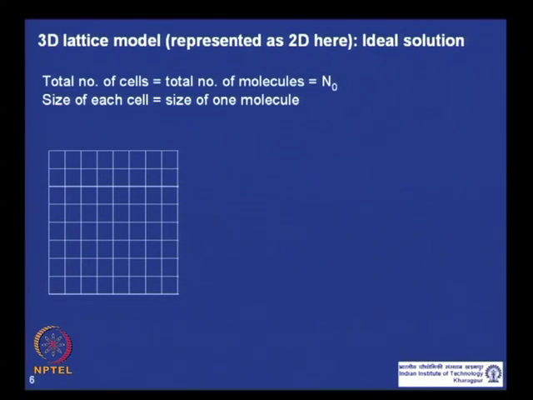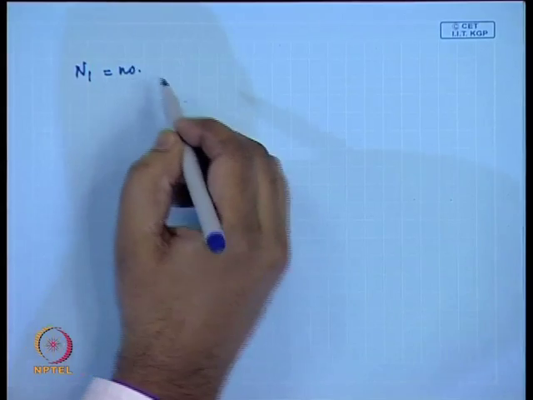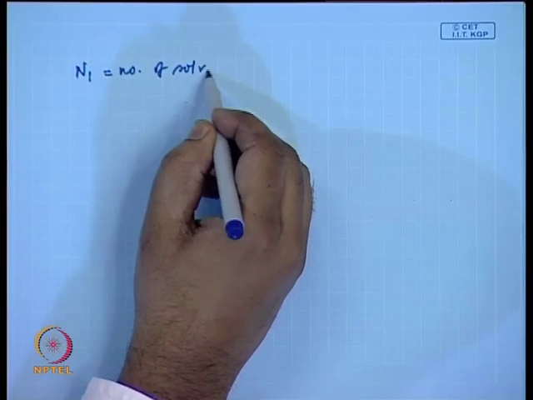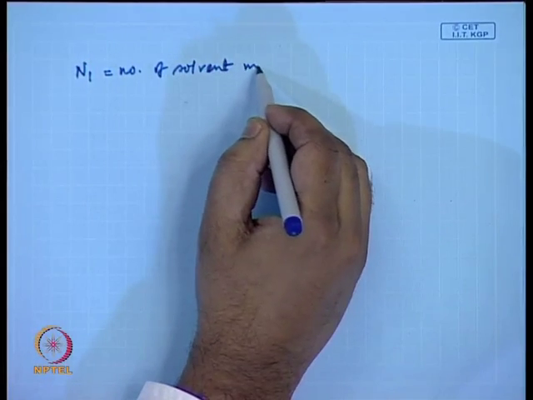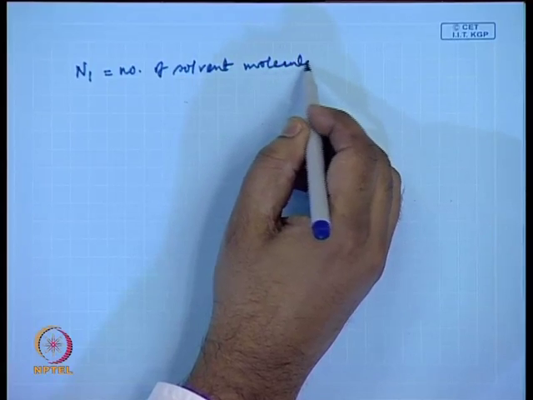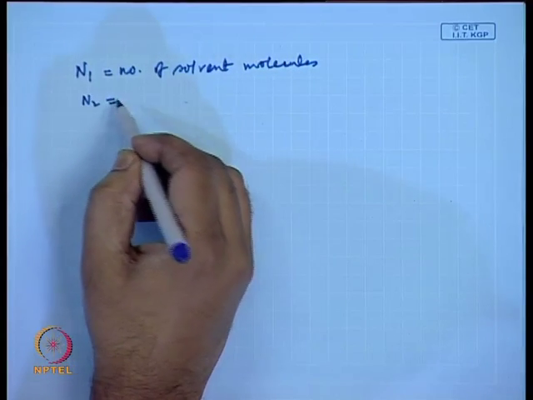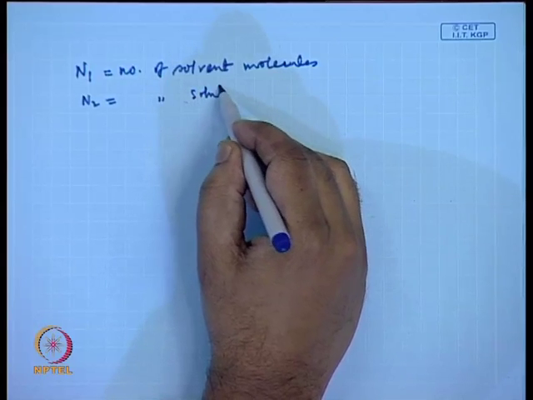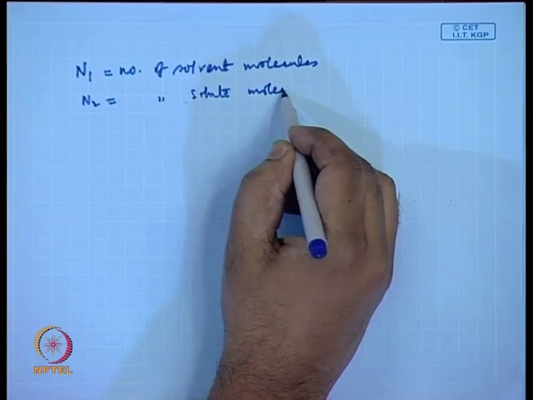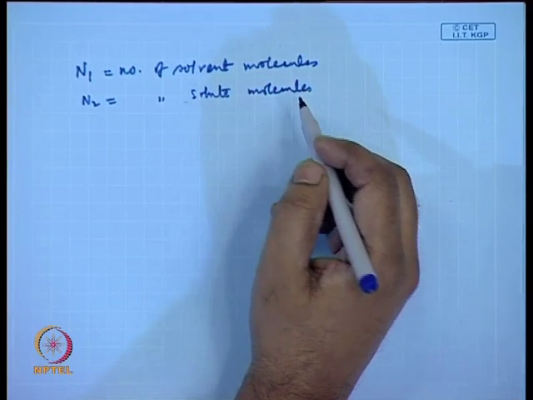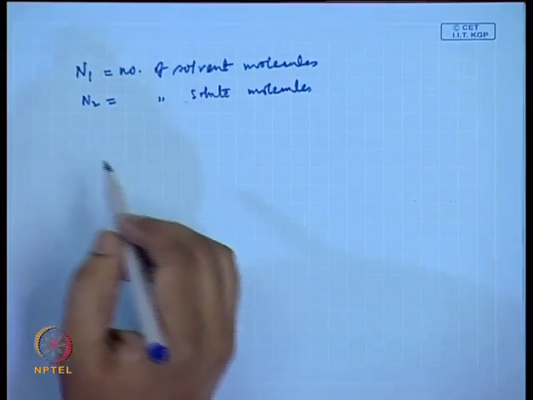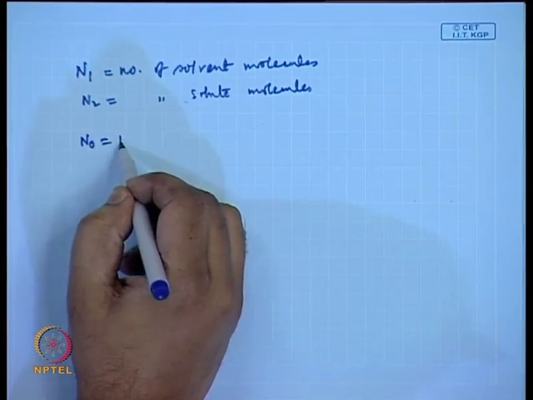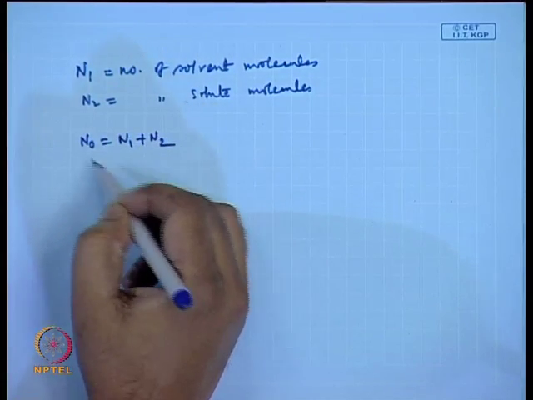Let N1 be the number of solvent molecules and N2 the number of solute molecules, and N0 is N1 plus N2, which is the total number of molecules.